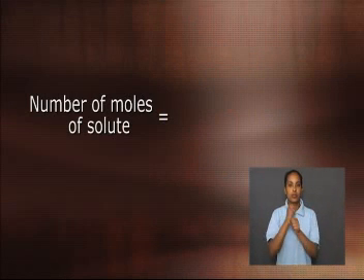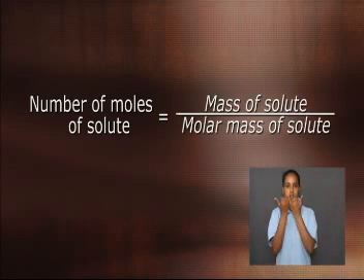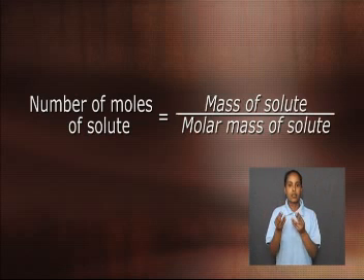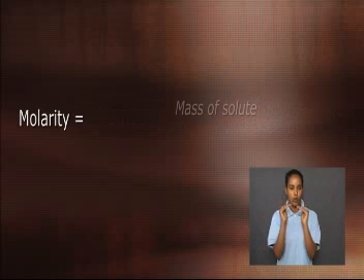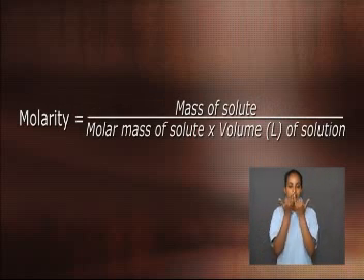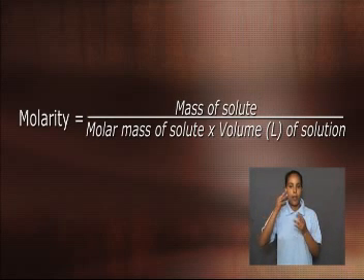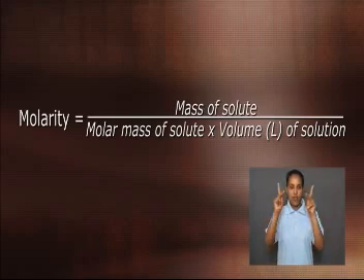To do this, you divide the mass of the solute by the molar mass of the solute. Therefore, molarity is equal to the mass of a solute divided by the molar mass of a solute times the volume of the solution.